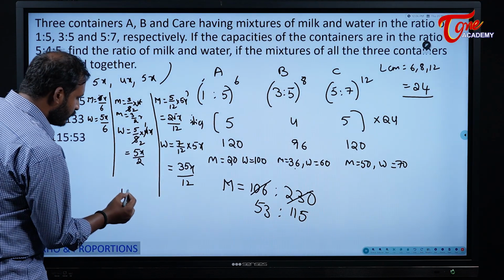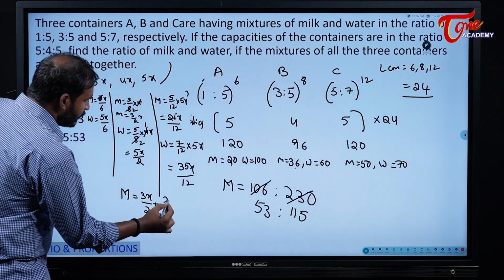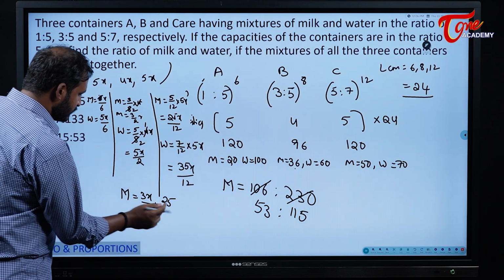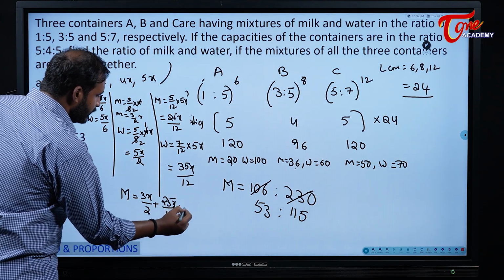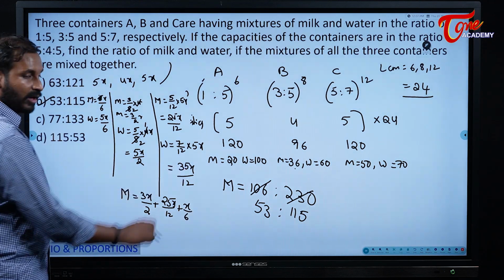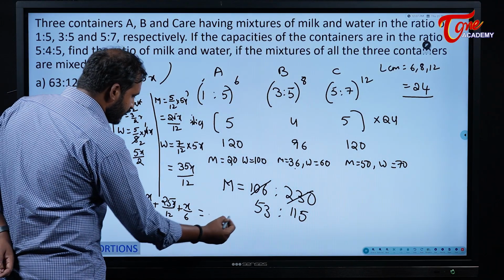So milk portion overall will become 3x/2 plus 25x/12, and x/6 also is there, right? We will write it separately. 25x/12 and x/6. And similarly you need to add all the water portions. For the milk portion, LCM becomes 12 here.